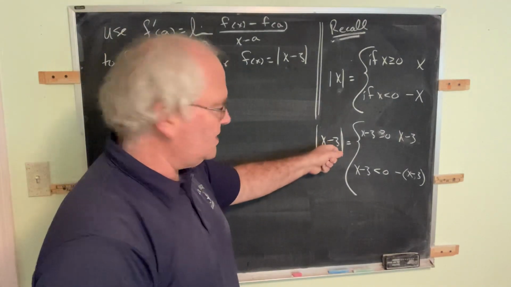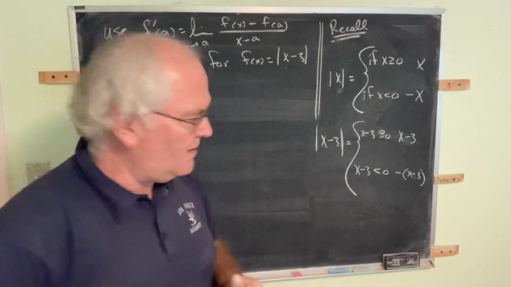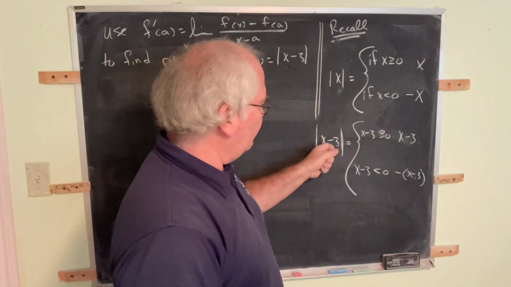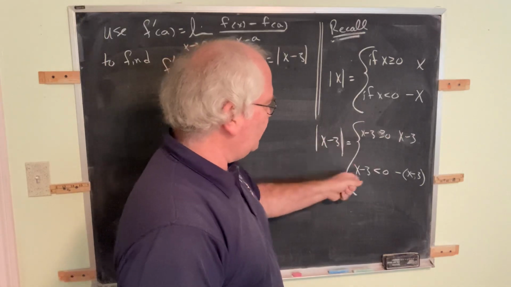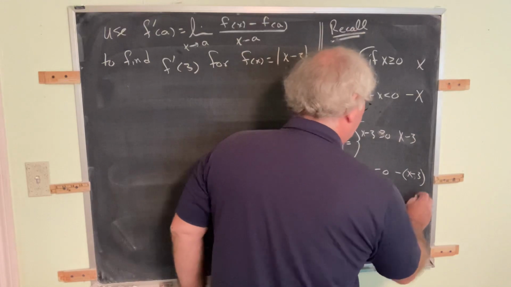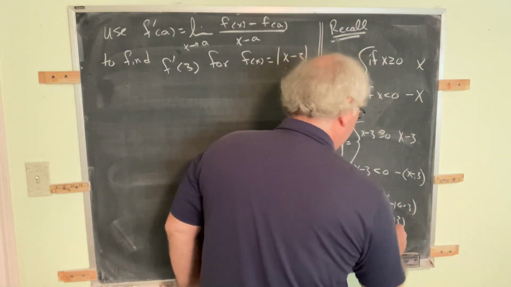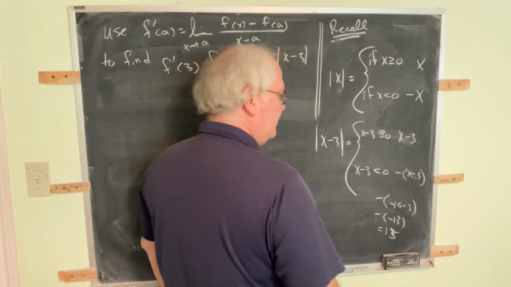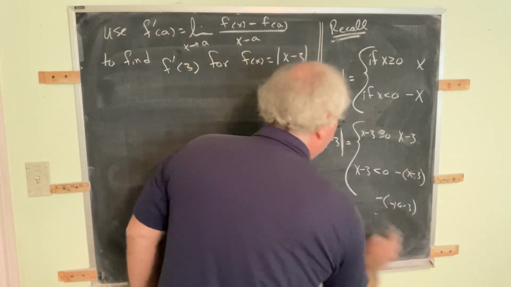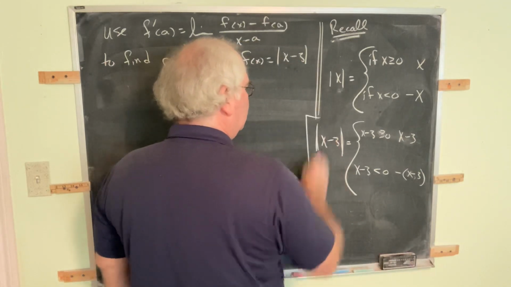Negative 10 minus 3 is negative 13, so our answer better be 13. Since negative 10 minus 3 is less than 0, this is -(-10 minus 3), which is -(-13), which is 13, and we're good to go. So that's the long of it. The short of it is that's the rule for the absolute value of x minus 3.